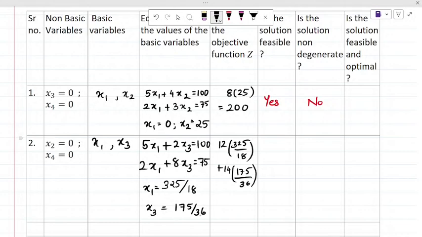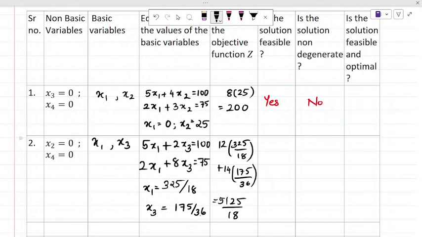So on performing this multiplication, let us see what we get. 12 times 325 divided by 18 plus 14 times 175 divided by 36. Okay, we get our answer as 5125 divided by 18.